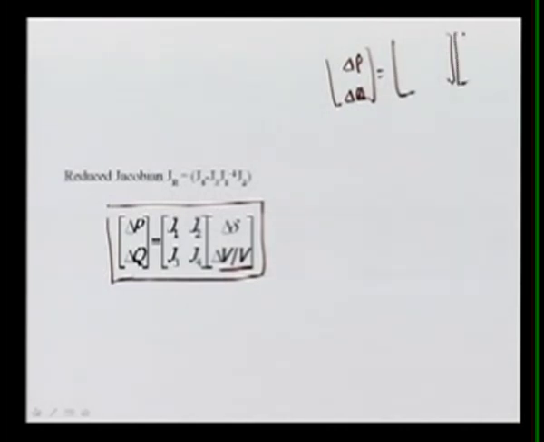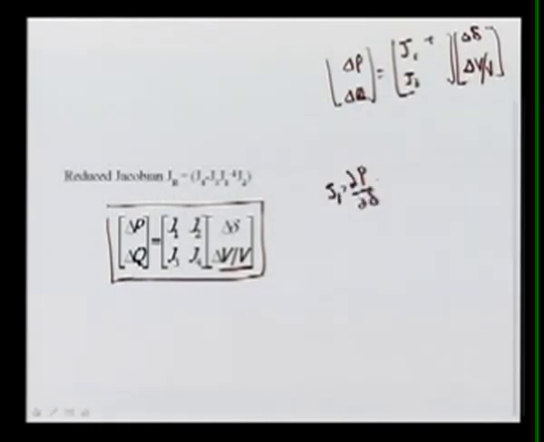Here we go for the change in the state vector, that is delta, and change in V. But in the Newton-Raphson load flow, we normally divide by V. The question is why. The main reason is that if we differentiate for J1 and J3, J1 is nothing but del P upon del delta.